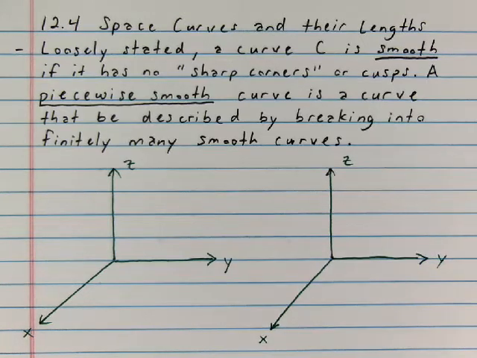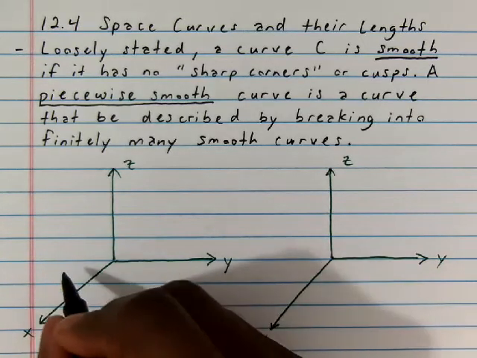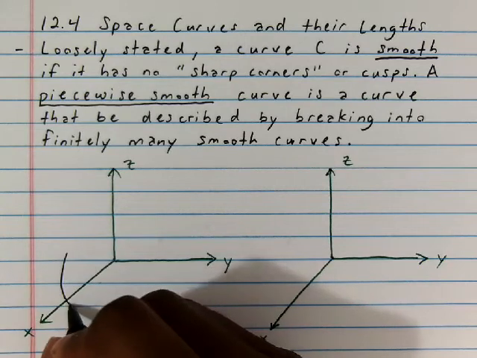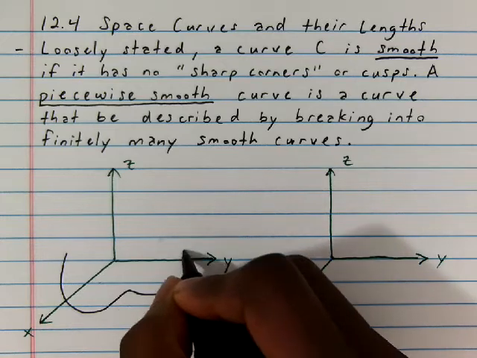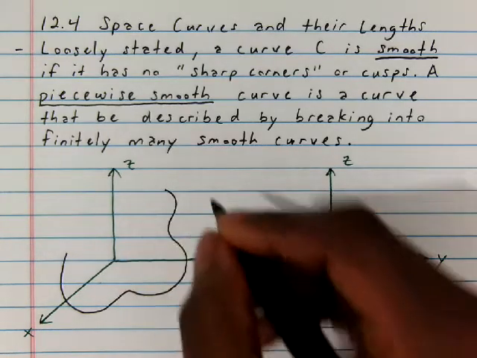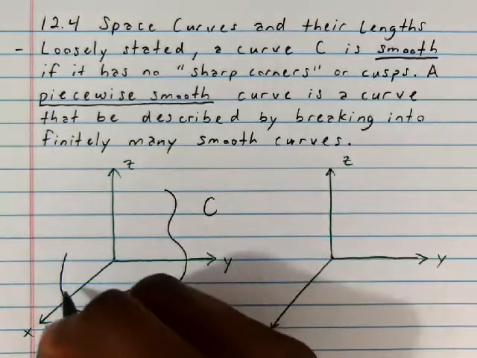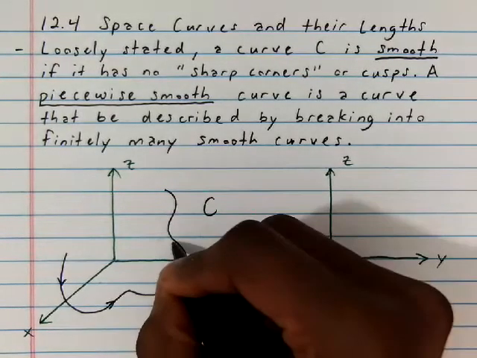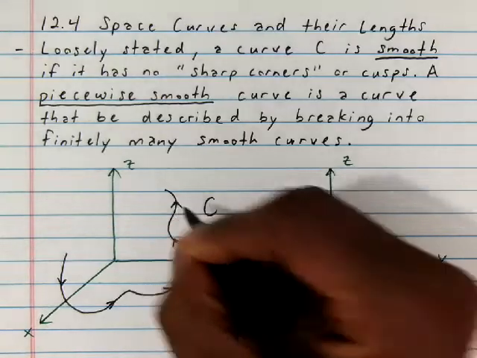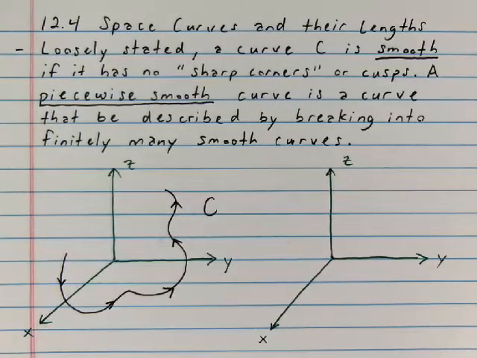So say I have some curve, and you can sketch your curve however you want to, as long as you don't have any cusp in your curve. So that's my curve C, for instance. And we're going to still continue to include the direction of travel on our curves. So this curve is smooth.